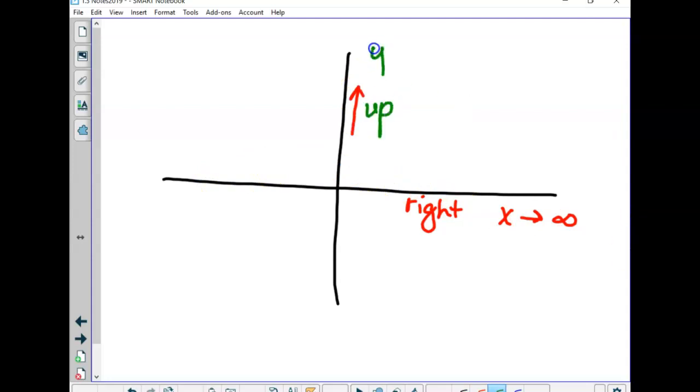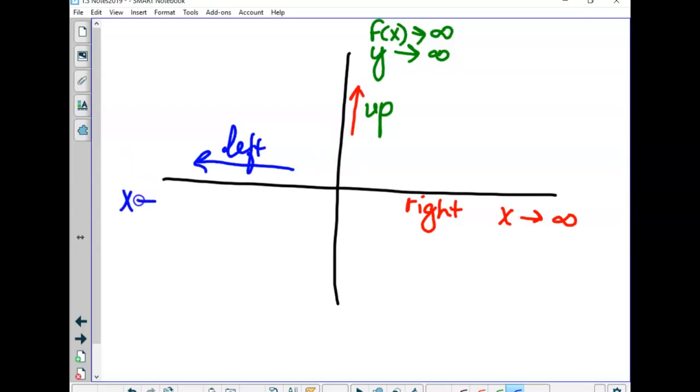Up is a y, and if it was going up forever, y would be approaching positive infinity, or we will write f of x because we're just fancy like that. What if I said left? Left is back to being an x, and left would be negative infinity, right? And then down would be y, or f of x is approaching negative infinity.